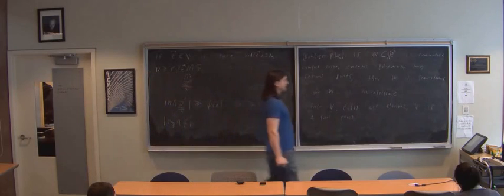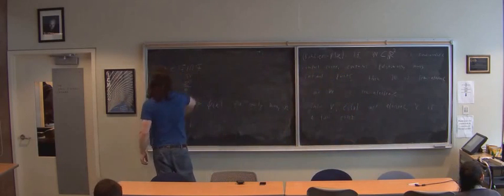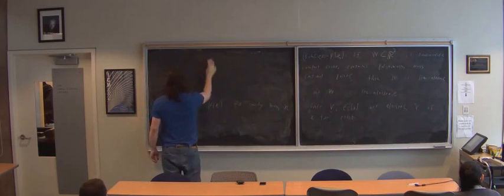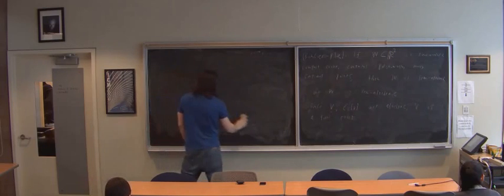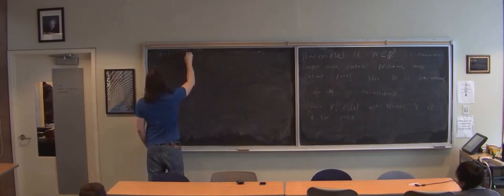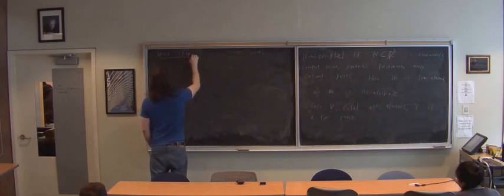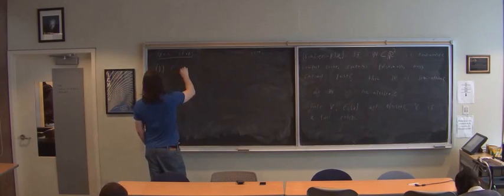So broadly speaking, there are three main arguments in the proof. The first one is you have to establish large Galois orbits.